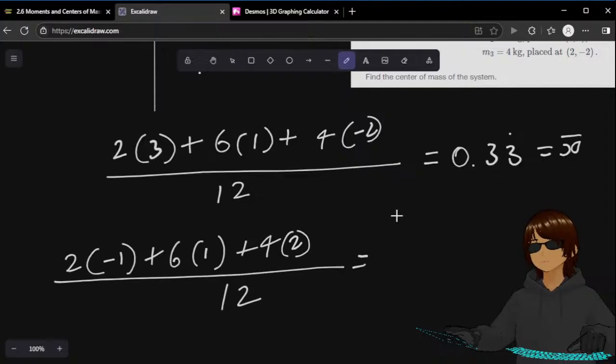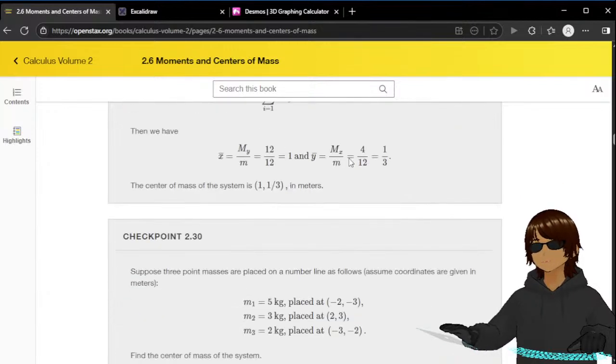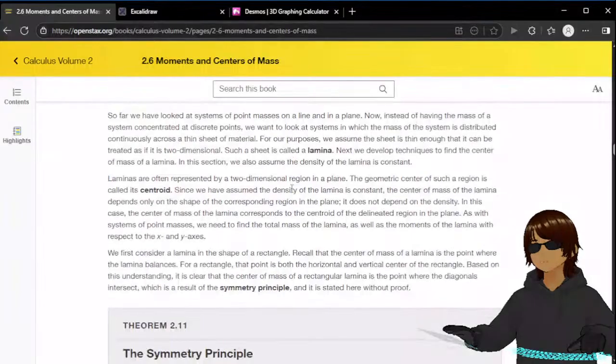Then we are left with 1. So this is the balancing point on the y-axis. So in both the x and y-axis, we have 1 and 1/3.